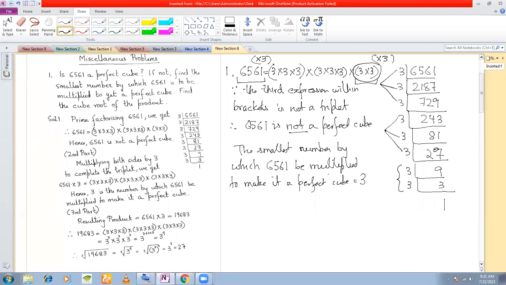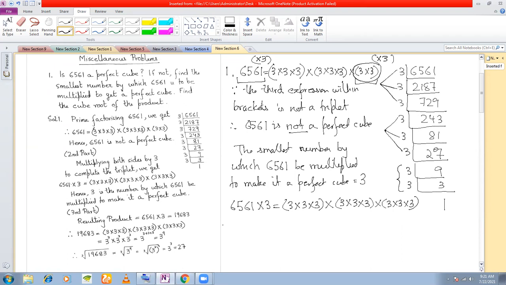Next, the question is find the cube root of the product. So now you multiply both sides. 6561 into 3 is equal to, now you have 3 triplets. This is the first triplet, next triplet, and third triplet.